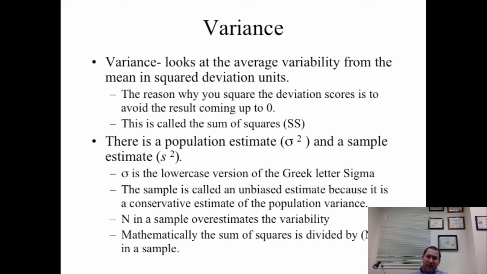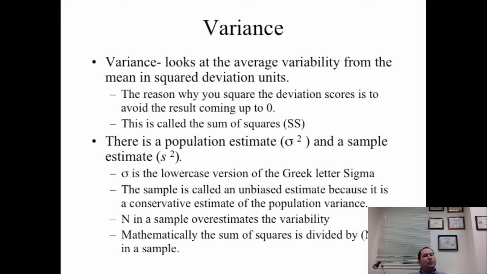There is a population estimate and there is a sample estimate. You'll see the population estimate for variance has the lowercase sigma squared, and in a sample it has just the letter S, italicized, squared.